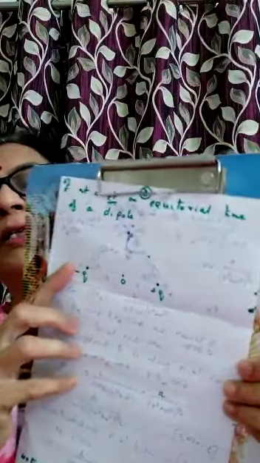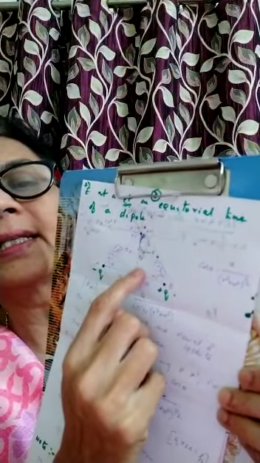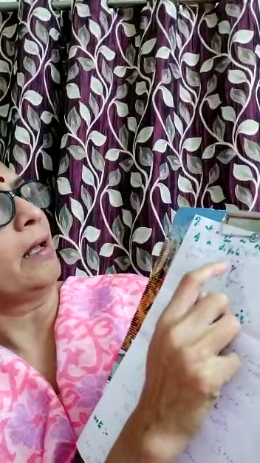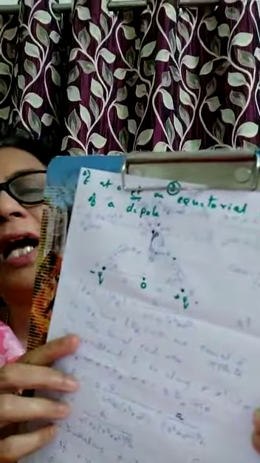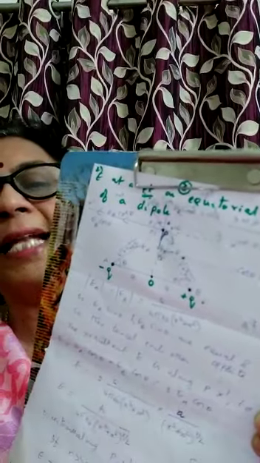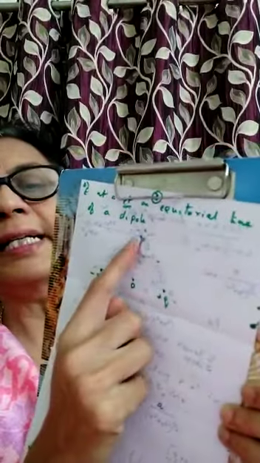So what happened here? EB sin theta and EA sin theta are equal and opposite to each other, so they cancel each other. So what is the resultant effect?